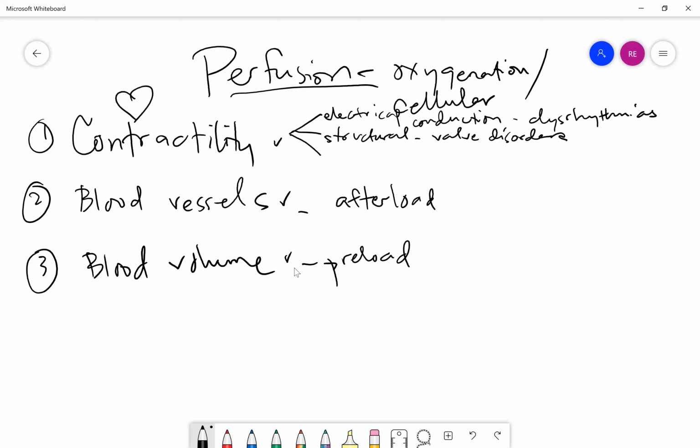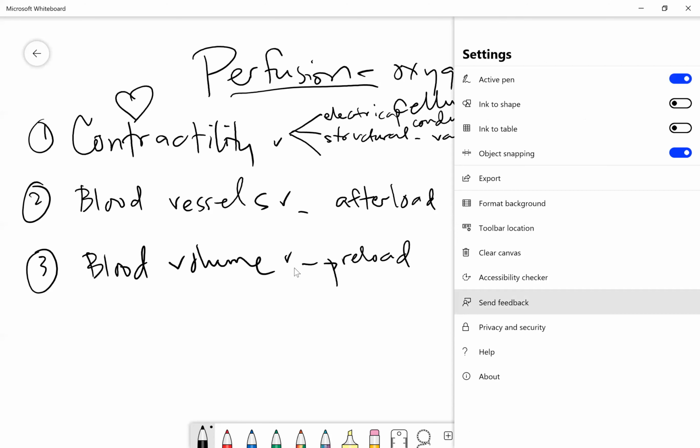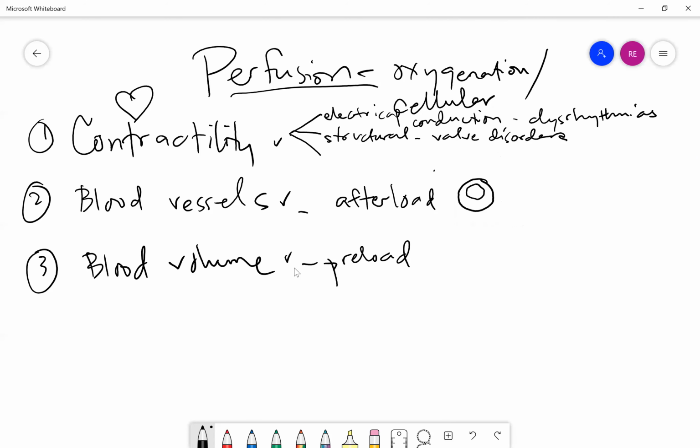So to explain it, if this is the diameter of a normal blood vessel, a really bad drawing. Okay, and this is the diameter of a constricted blood vessel, and this is now the diameter of a dilated blood vessel.